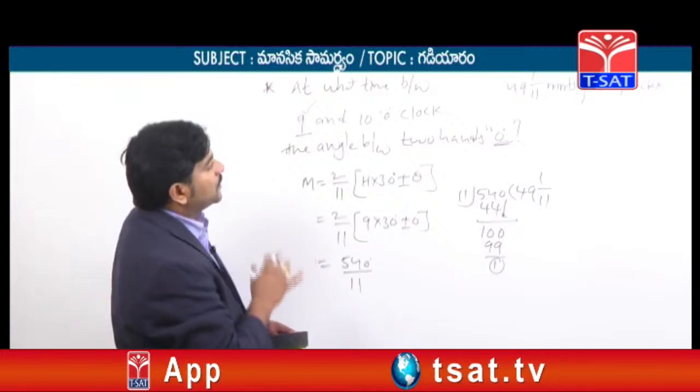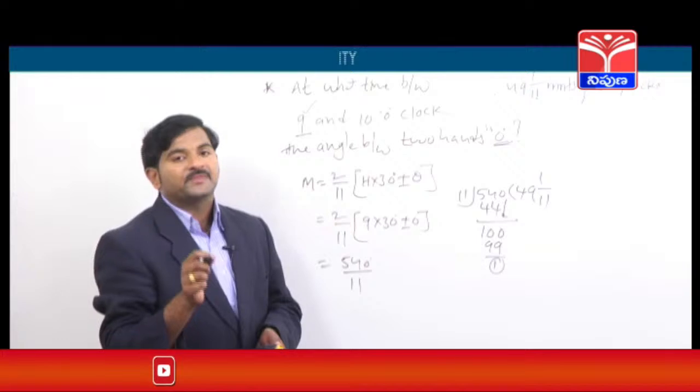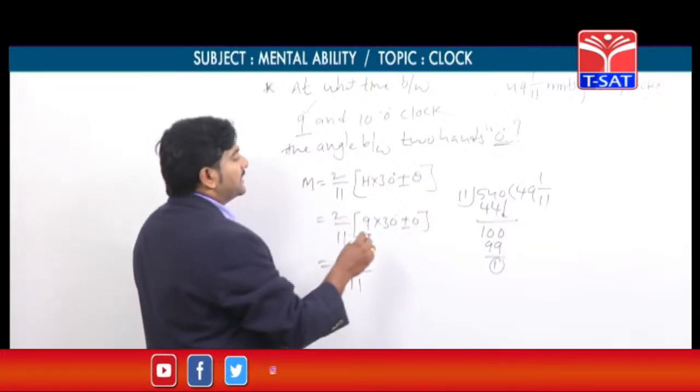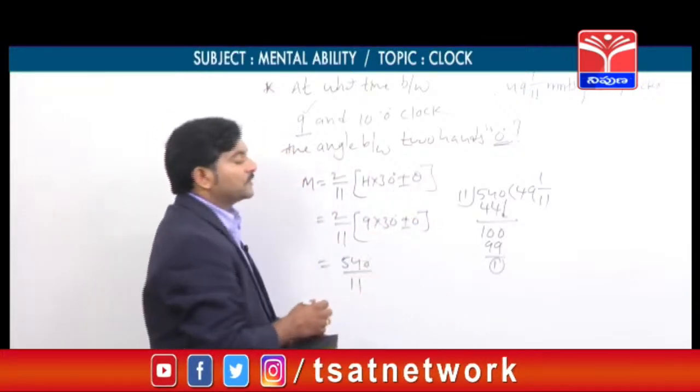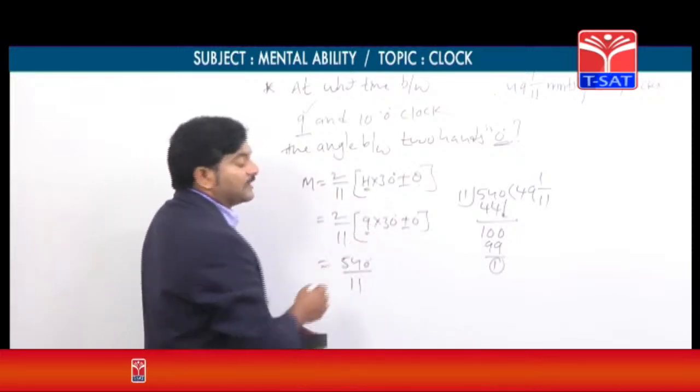So these are the two types of questions. Whether he mentions the word coincide or 0 degrees, simply we can take theta equal to 0 in this formula, and as you already know, h is 9.